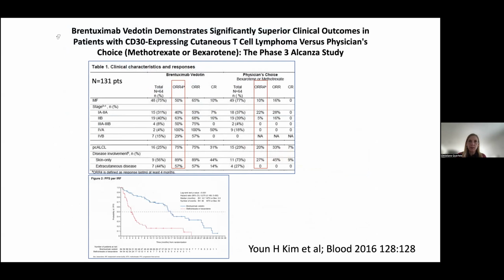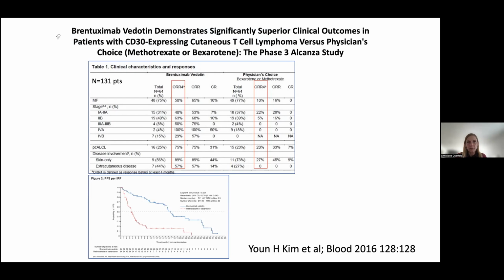It was approved based on a randomized trial in which brentuximab was compared to physician's choice, which was either methotrexate or bexarotene. Brentuximab was superior, so CD30 expression didn't matter. We now give it without even checking, and it could be as low as 5%.